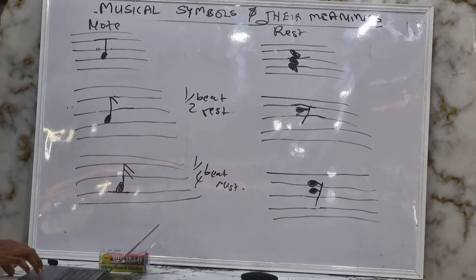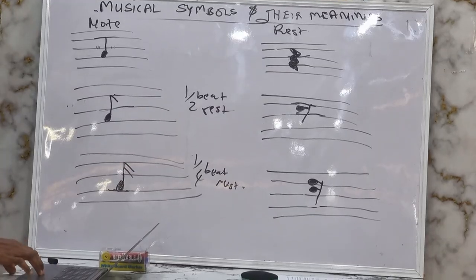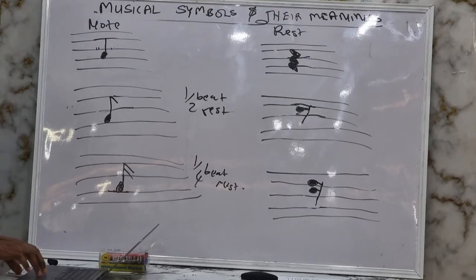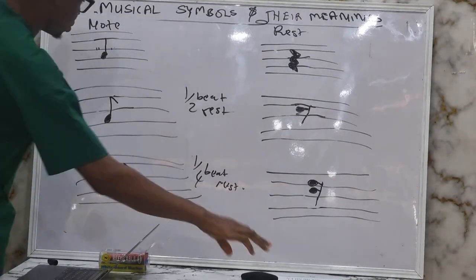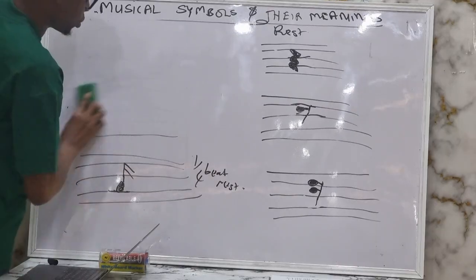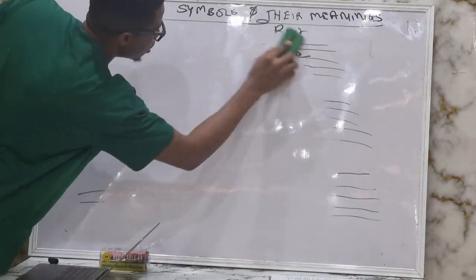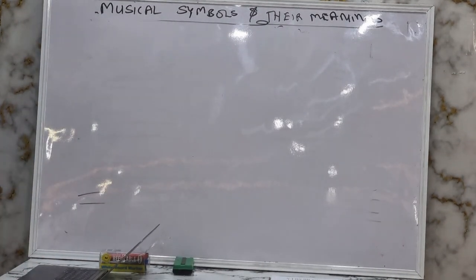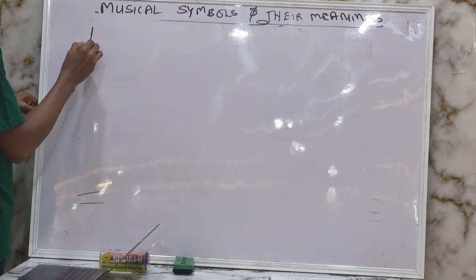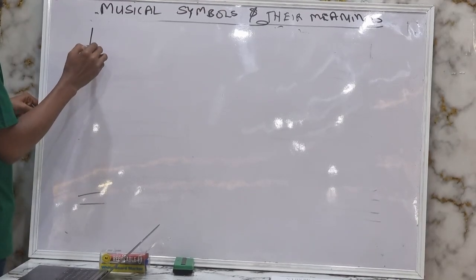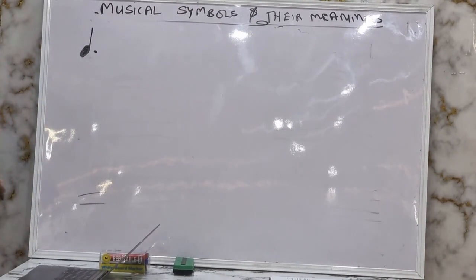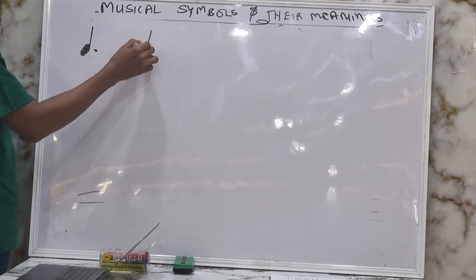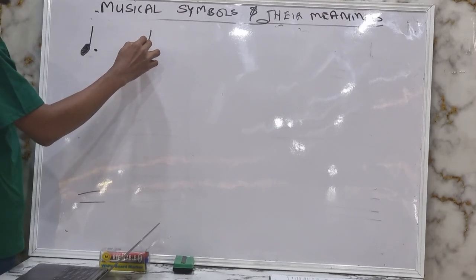And the next one I think we should get familiar with is dotted notes. You already know about dotted notes. I've taught you. We talked about that already. You don't remember? When you notice a dot, what does it mean? Half of it. So if you have a dotted note, what is the value?